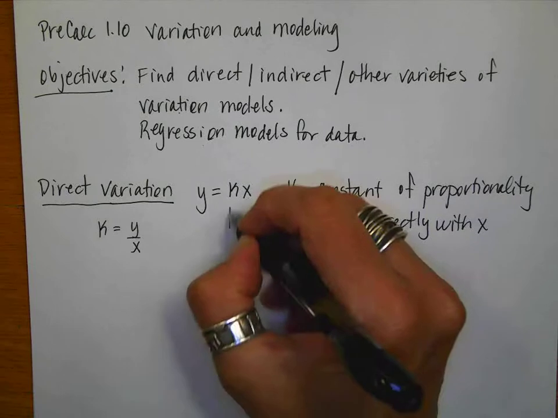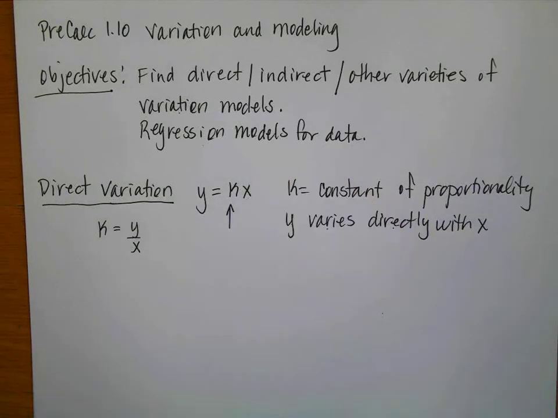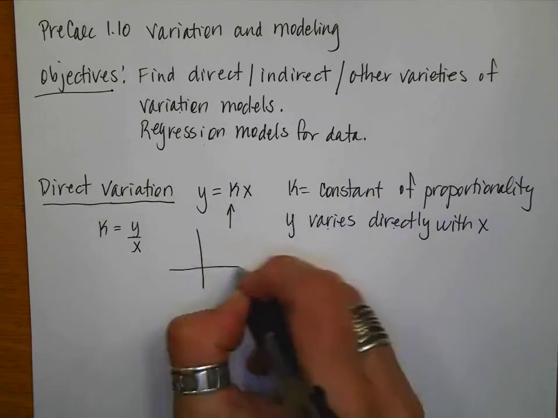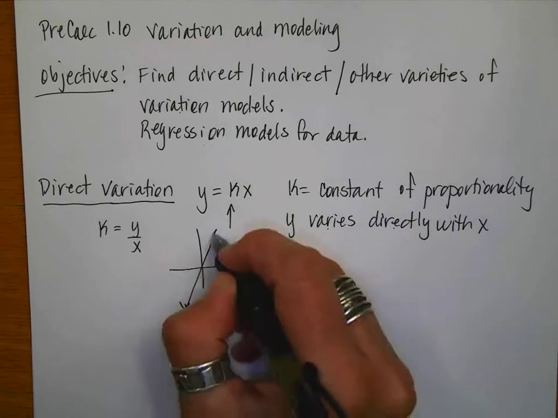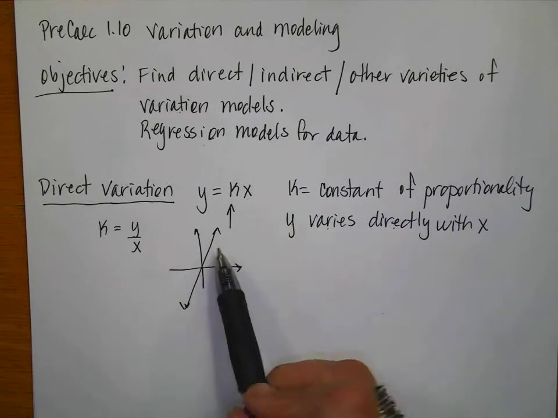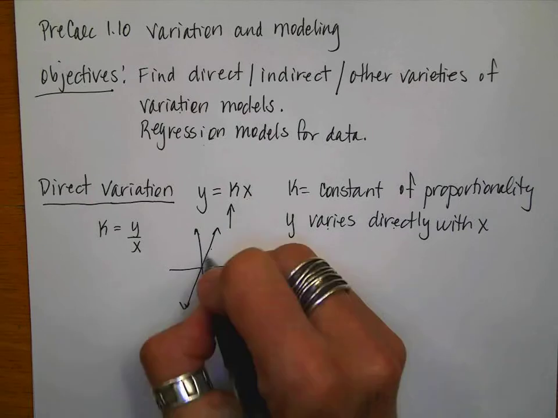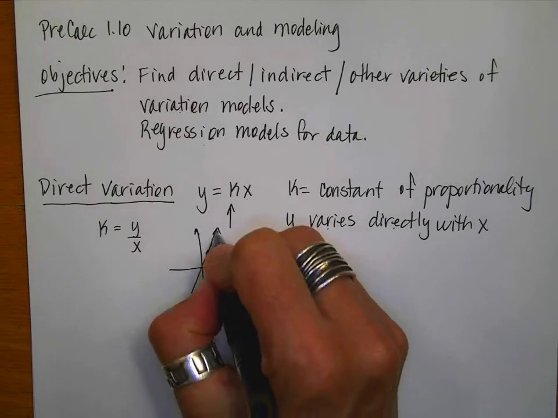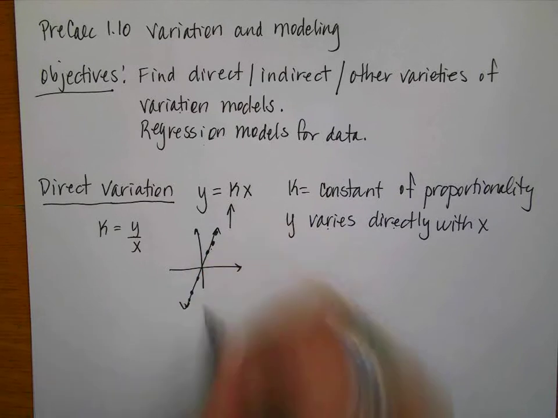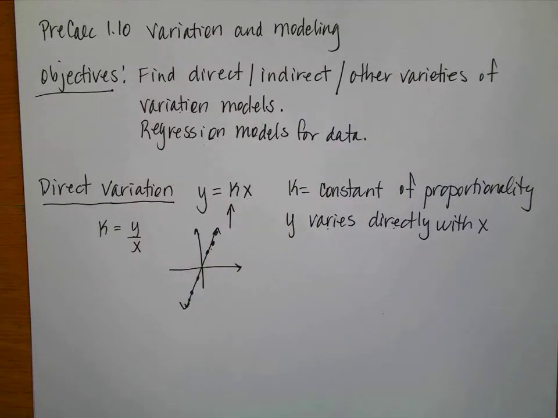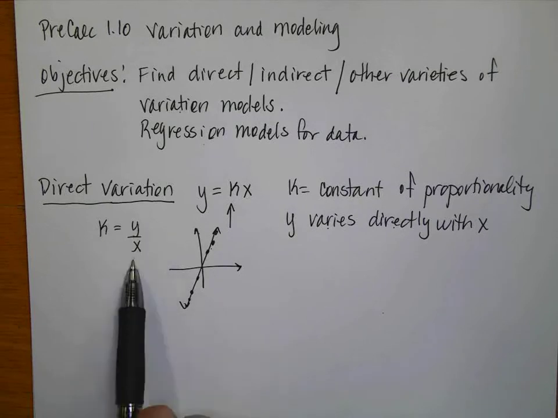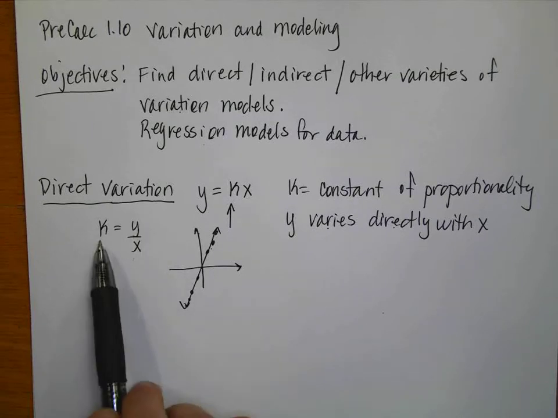If you'll notice, k is also the slope of a really simple line. It just looks like that. So if that's true, then k has to be the same for every different data point along that line. And so that's one way that you know that a problem is direct variation, because when I do y divided by x, I always get the same k value.